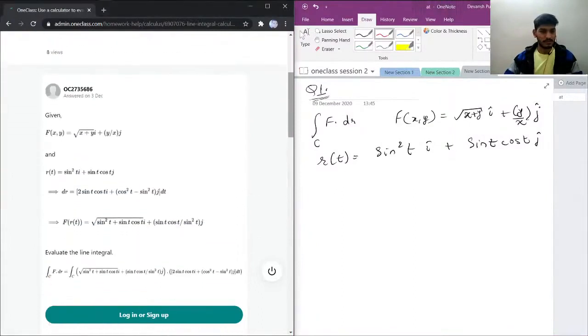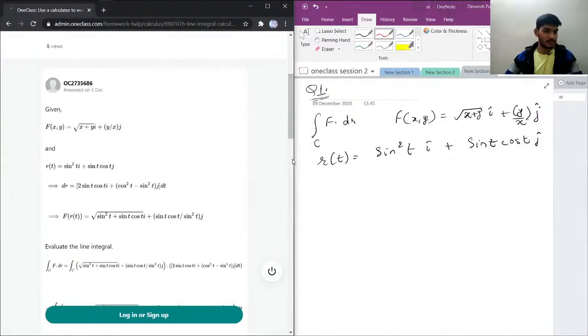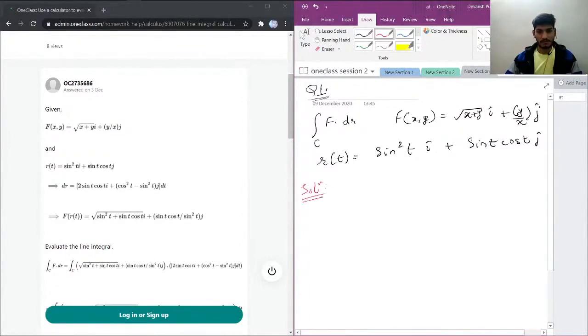So let's see what the junior tutor has given as the solution. They have given F of x as, so F is the function which is a function of x and y, plus y over x j cap.